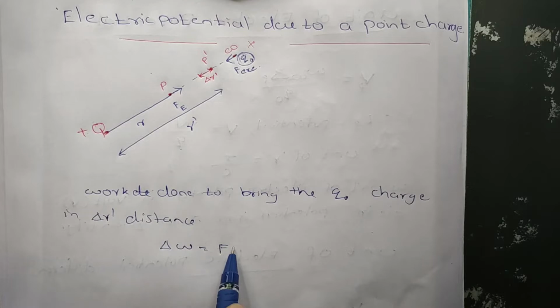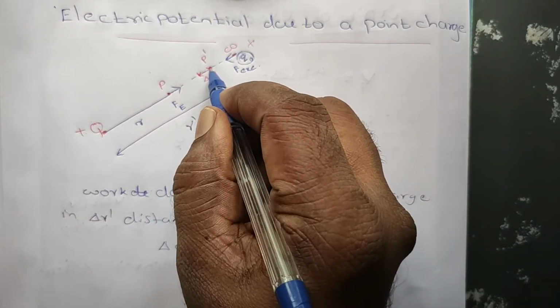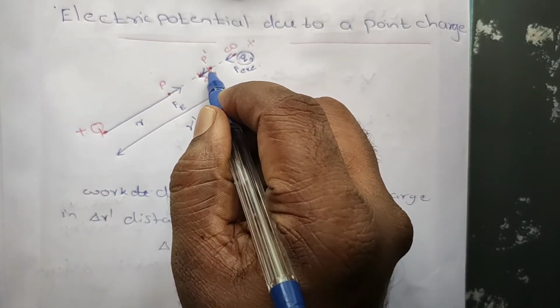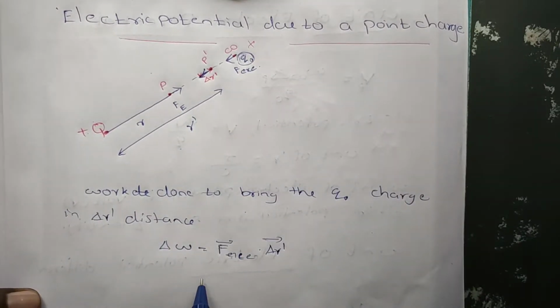Here what is the displacement? We use F external dot delta r dash, which is the displacement. Clear? The displacement is in this direction, and the F external direction is also in this direction. Both are in the same direction.